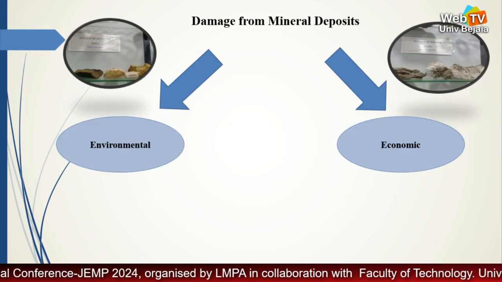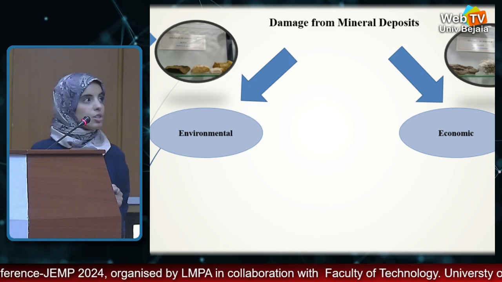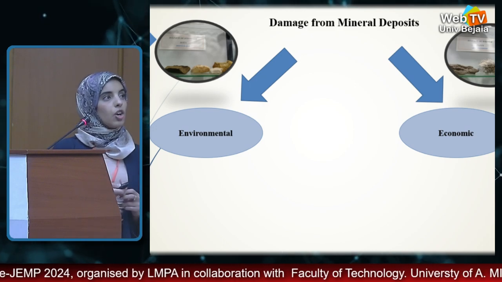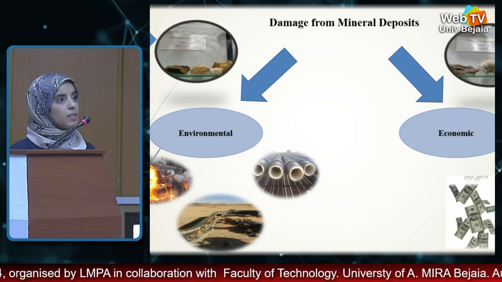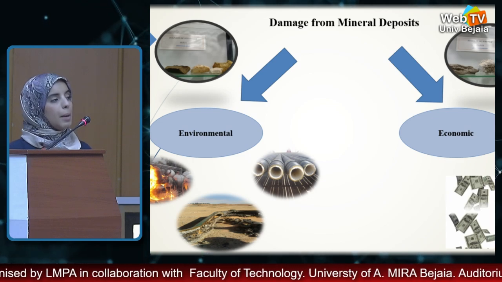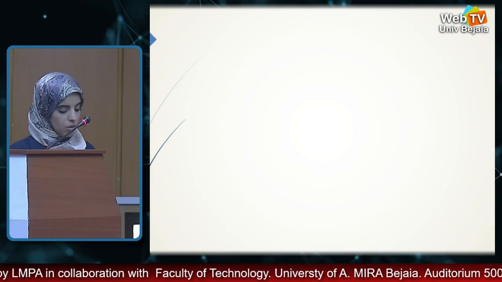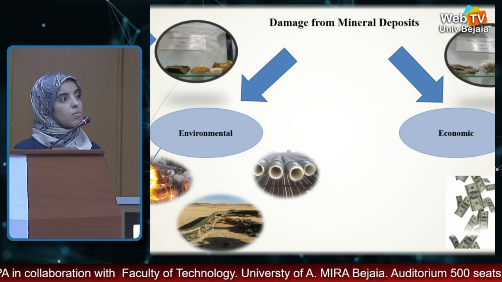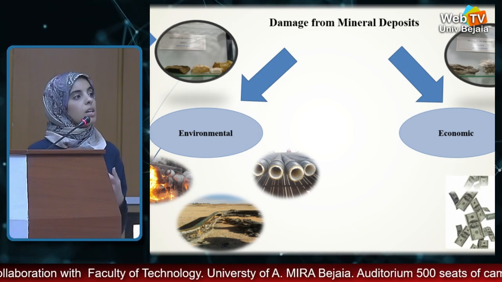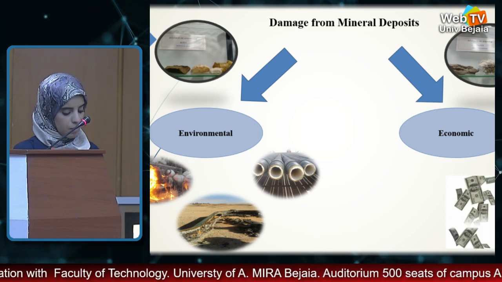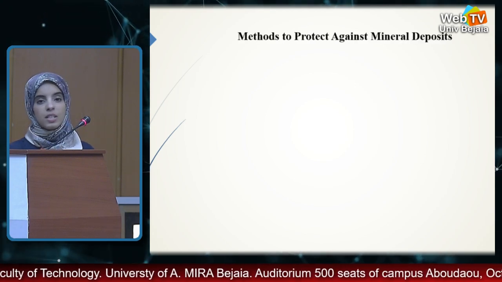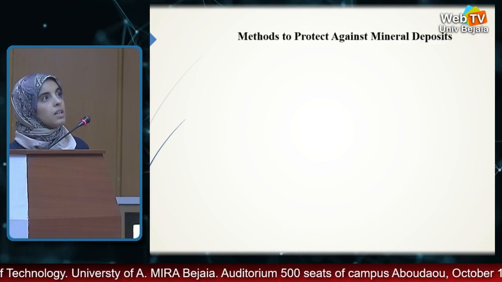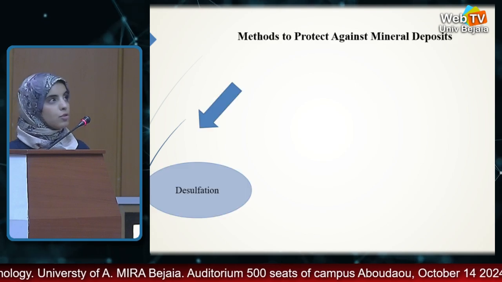The damaging deposit, or scale deposition, has a very serious environmental and economic impact, as the pictures show: the explosion, the corrosion, etc. There are many methods to protect against this damage.